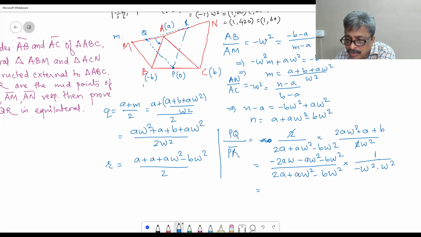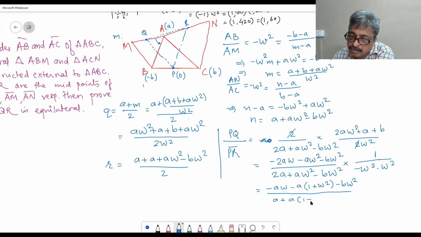Now what I will have to do is club a few things here. Minus a omega minus a, inside bracket 1 plus omega square, minus b omega square divided by a plus a inside bracket 1 plus omega square minus b omega square into 1 upon omega raised to 4 is omega, so minus omega.